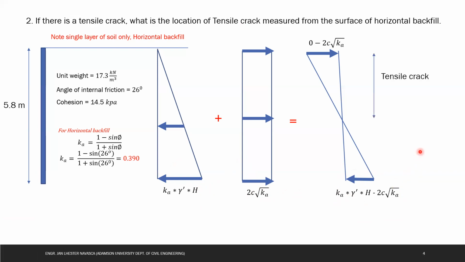Okay, so ang tinatanong is yung tensile cracking measured from the surface of the horizontal backfill. So this is the length of the tensile crack. Okay, so this is tension force, this one.